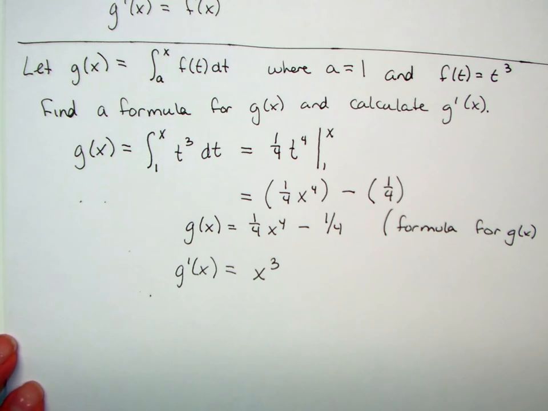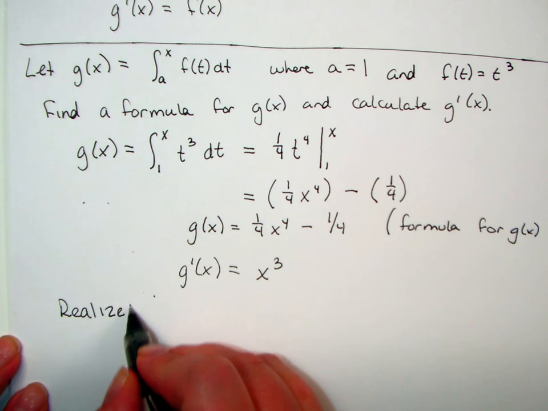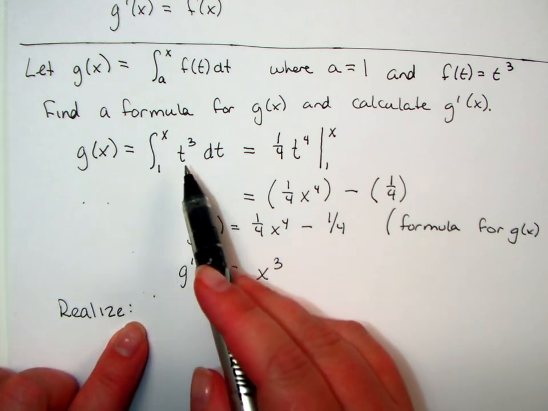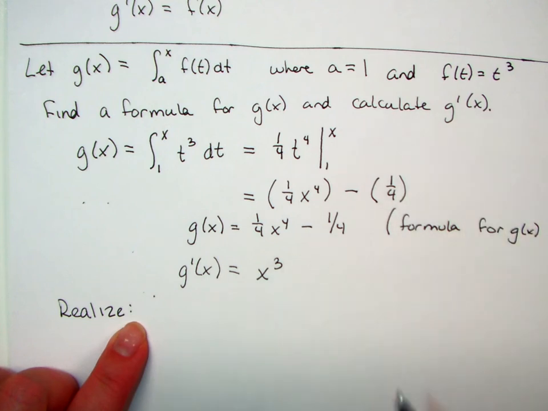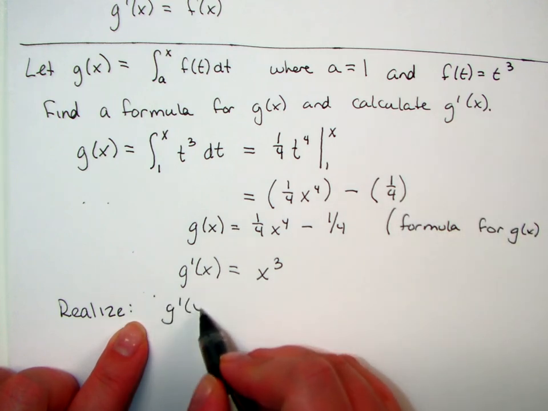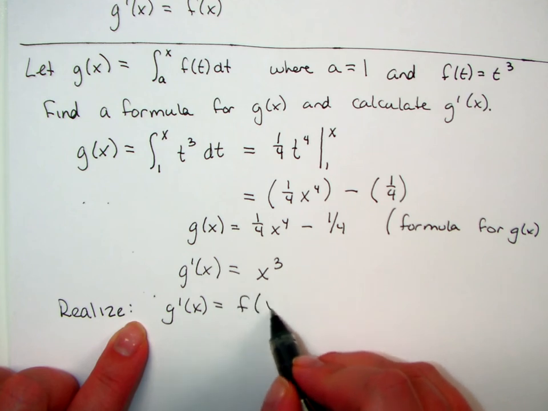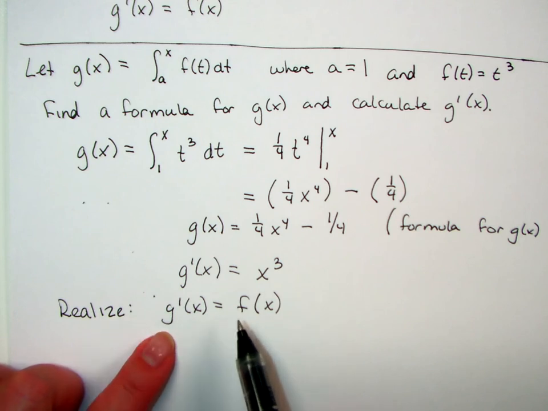So what I want you to realize here is that g prime of x is equal to, if f of t is t cubed, then f of x is x cubed, right? So g prime of x equals the original function evaluated at x, right? We just showed another reason why g prime of x equals f of x, right?